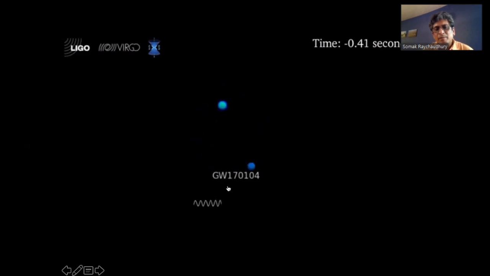For example, this one was discovered in January 2017. That is why the name of the event is given like that. And we have now more than 50 such events that have been detected. Not all of them are black hole pairs. Some of them are neutron star pairs. Some of them are pairs of black holes and neutron stars. But most of them that have been discovered are black holes.